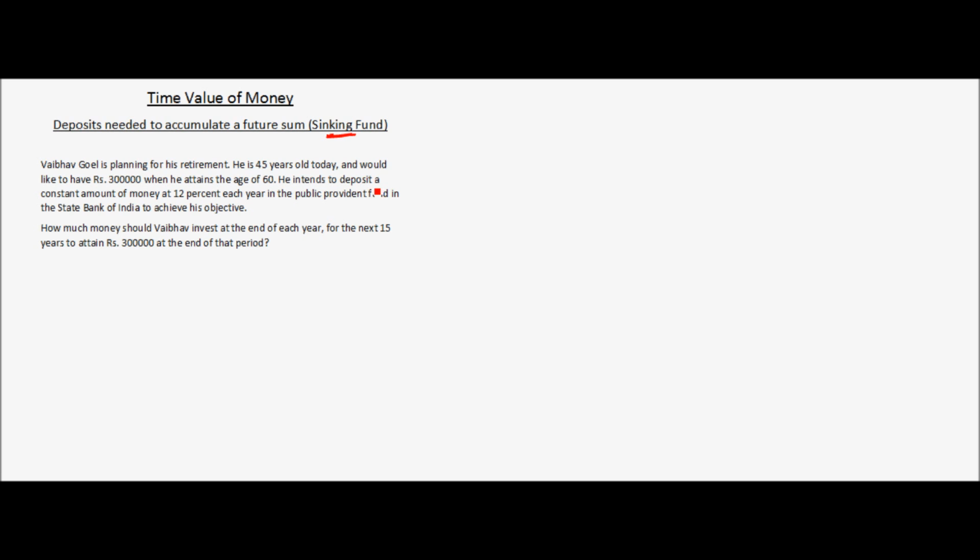He intends to deposit a constant amount of money at 12% each year in the Public Provident Fund in the State Bank of India to achieve his objective. How much money should Vaibhav invest at the end of each year for the next 15 years to attain rupees 3 lakhs at the end of that period?